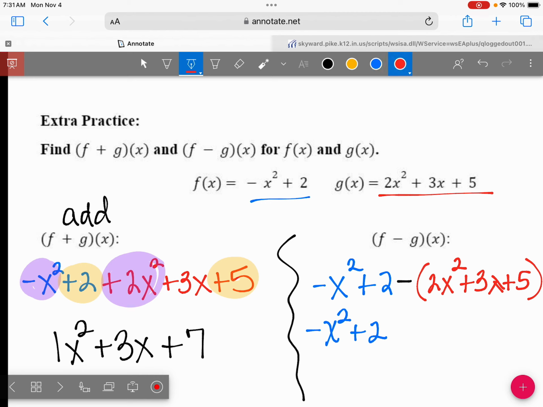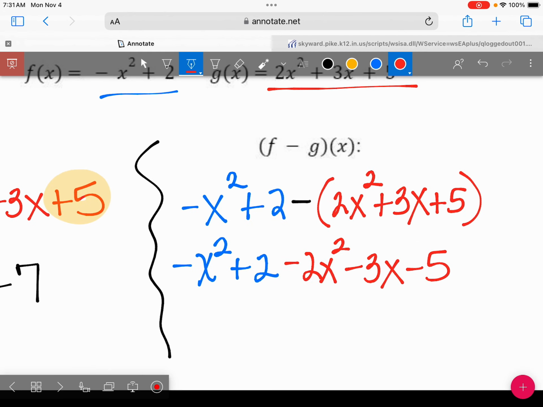Everything that I have in red, we need to change the sign. So this is positive, it's going to become negative. Everything in this parentheses is positive. We had a positive 3x, a positive 2x squared, a positive 3x, and a positive 5. Everything is going to become negative. So we will end up with a negative 2x squared, a negative 3x, and a minus 5.